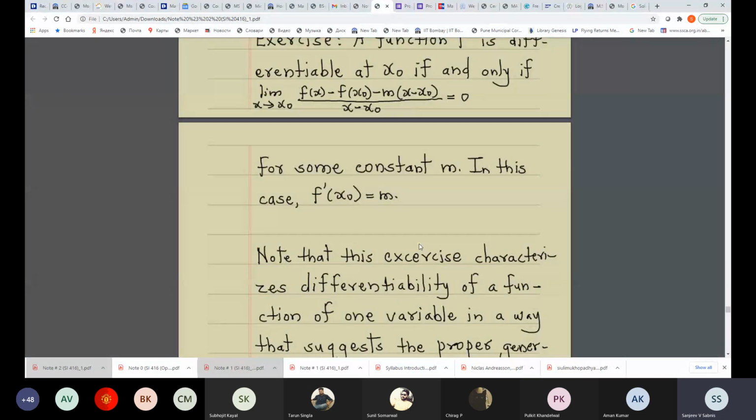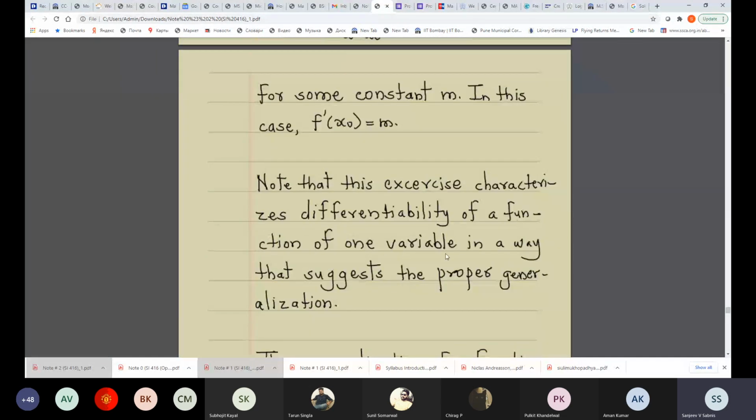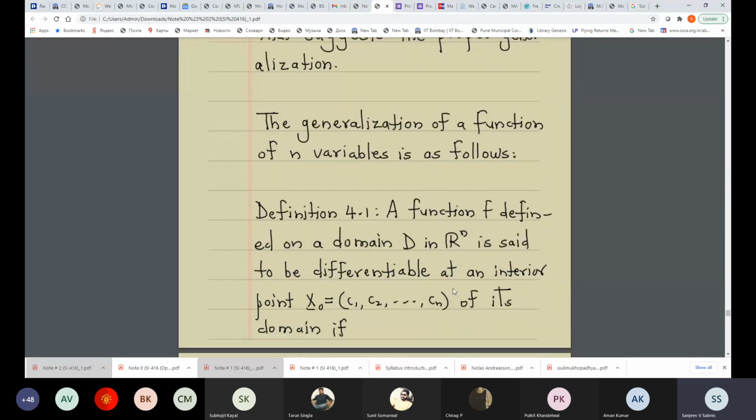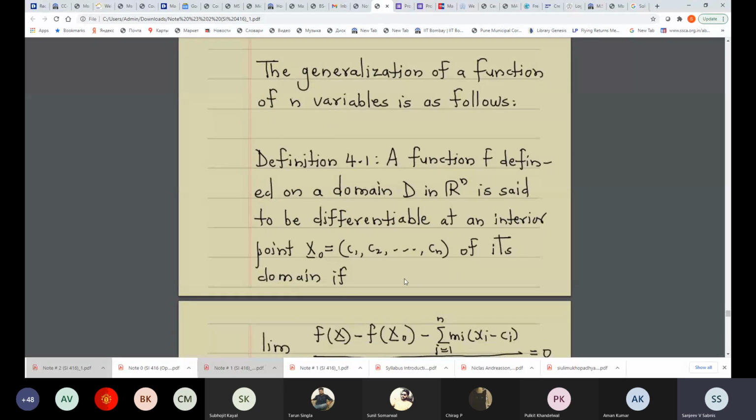Note that this exercise characterizes differentiability of a function of one variable in a way that suggests the proper generalization. So here is the definition. Definition 4.1: a function f defined on a domain D in Rn, maybe a subset of Rn, is said to be differentiable at an interior point x0.